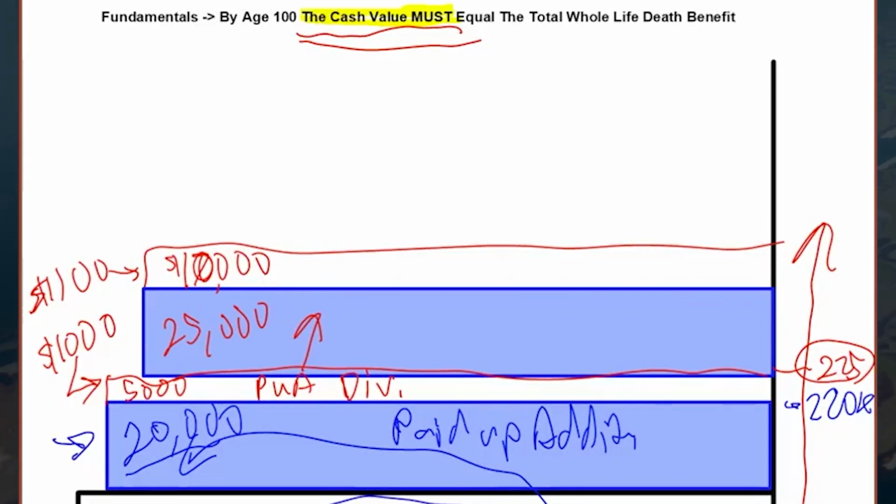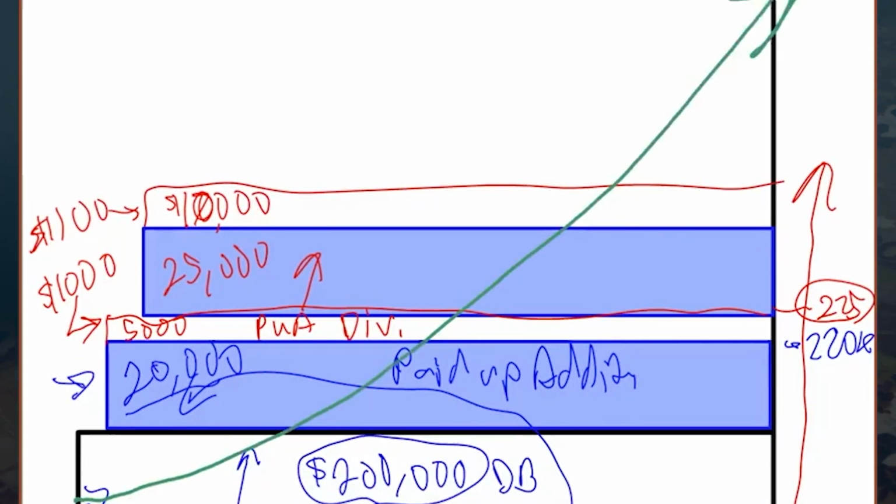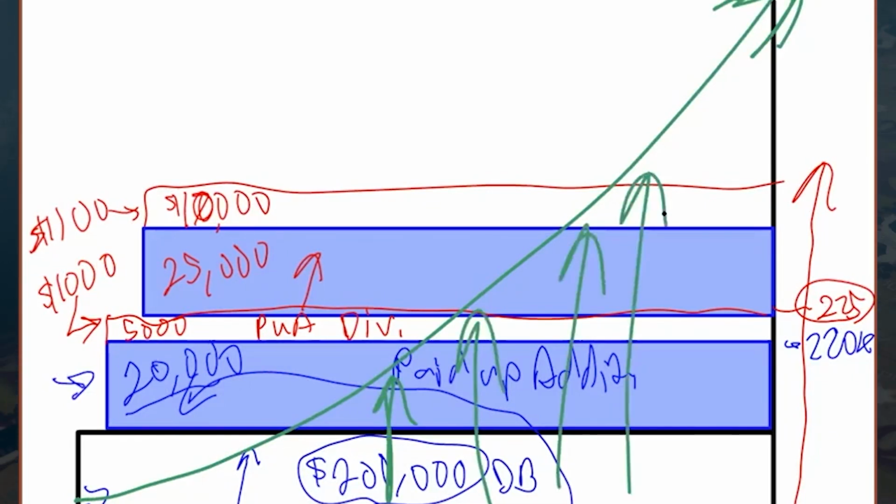Very, very important. So what ends up happening is we create a machine in relationship to the growth of the cash value that basically does this. It accumulates and accumulates and it grows the cash value. And it's constantly rising to chase after the death benefit.